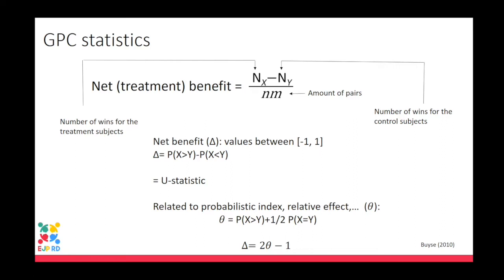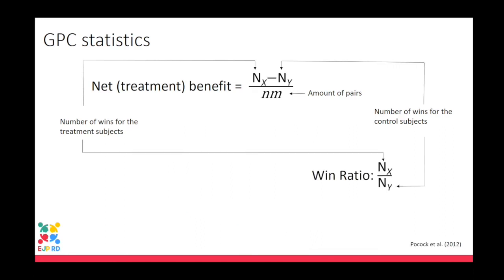Now, this is an absolute treatment effect that we can define, so a difference between probabilities. But we can also define a relative treatment effect, the win ratio. So we just divide the number of wins in the active treatment arm by the number of wins in the comparator, which has then values between 0 and infinity.